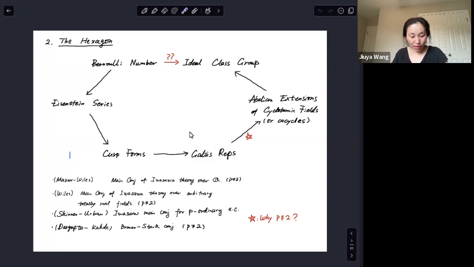For example, the main conjecture of Iwasawa theory over general totally real fields, and the Brumer-Stark conjecture over totally real fields. So now let's be more concrete.